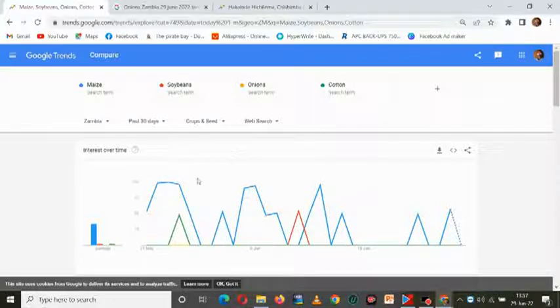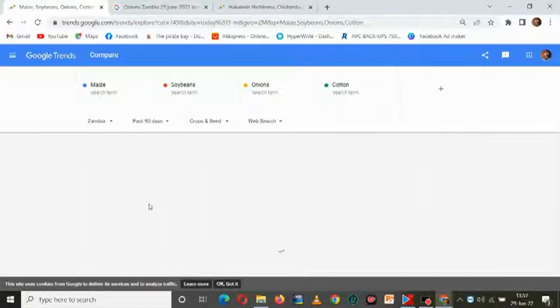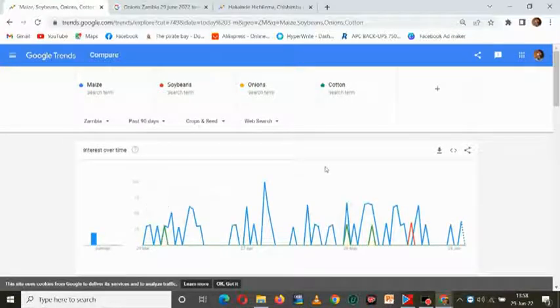So here in the past 30 days, we have data for everything except onion. What you can do now is expand our period to 90 days and see if we can find searches for onion.